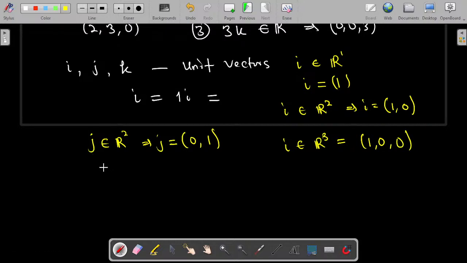And if you are given j in R3, what is it going to be? That is going to give you 0, 1, 0. What does that mean? Your i is 0, your j is 1, and your k is 0. There is no k, there is no i.